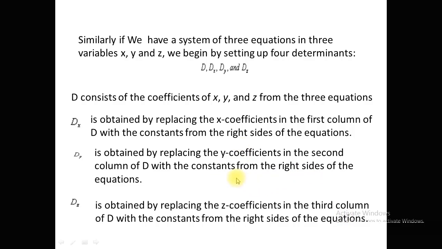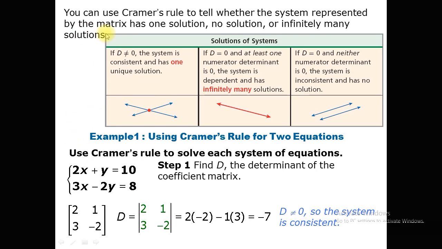And then at the end, to find the value of x, divide the determinant value of Dx by the determinant value of D, and for y divide the determinant value of Dy by the determinant value of D, and for z divide the determinant value of Dz by the determinant value of D.